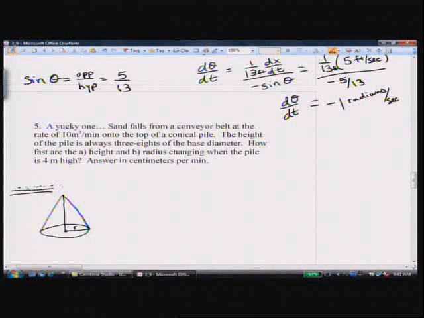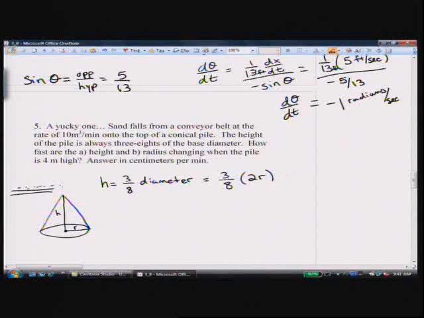So I'm going to use r and h, and h is always going to be 3/8 of the diameter, which is twice the radius, so 2r. So I put it in terms of radius because they asked for how fast is the radius changing.